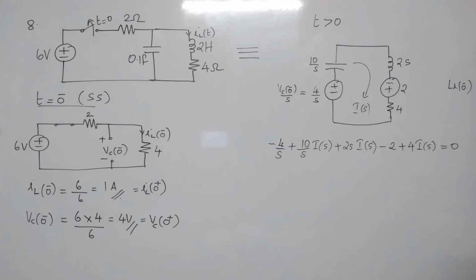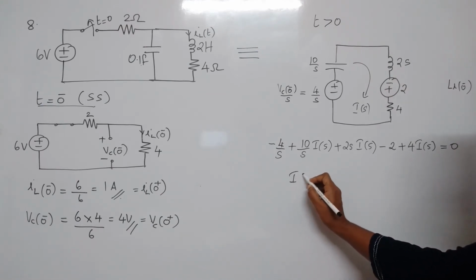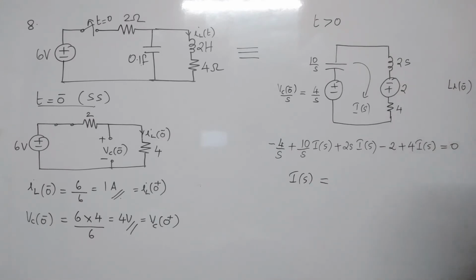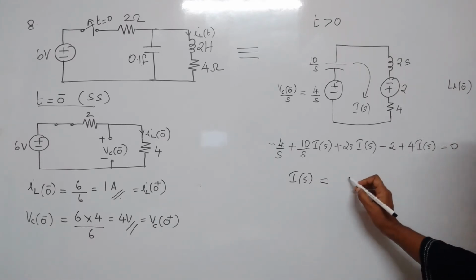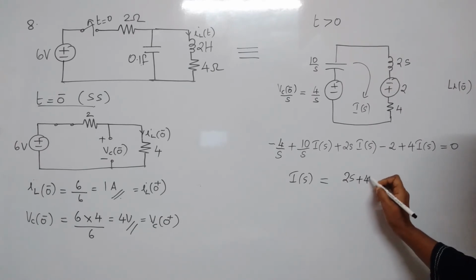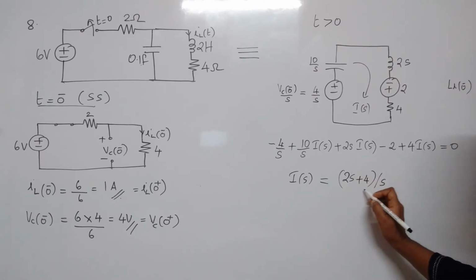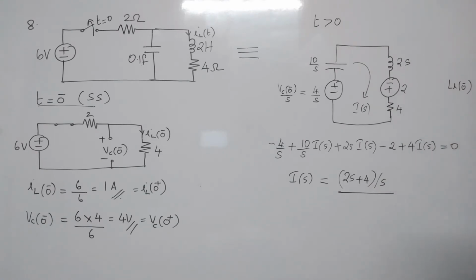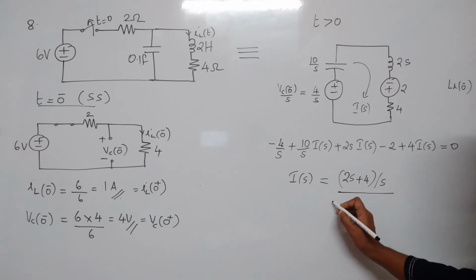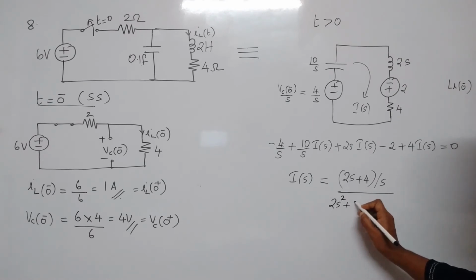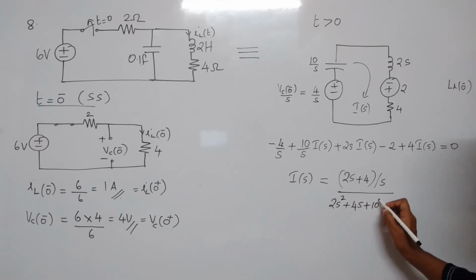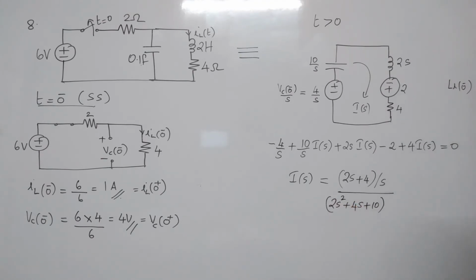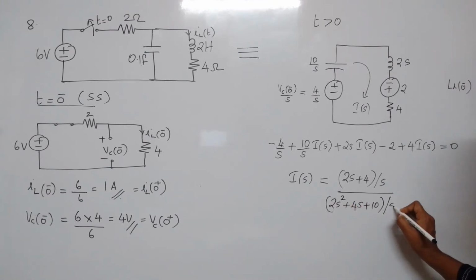From there we can write the equation for I of S. We will get I of S equal to 2S plus 4 by S divided by 2S square plus 4S plus 10 divided by S. Okay.